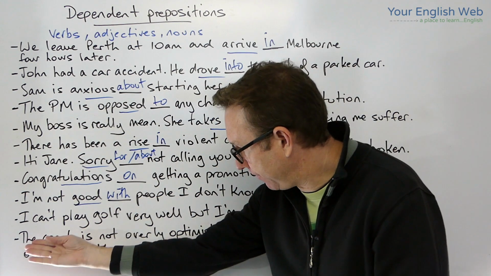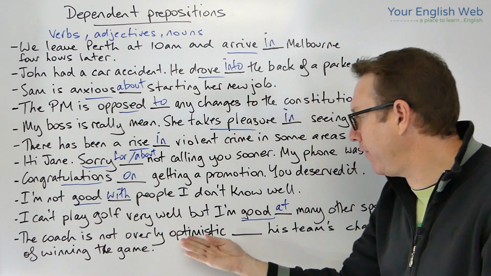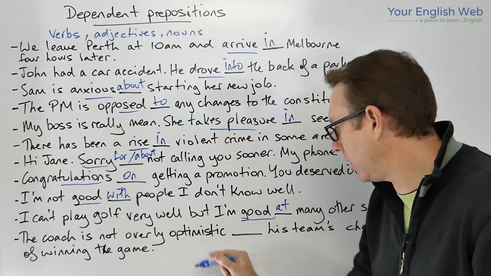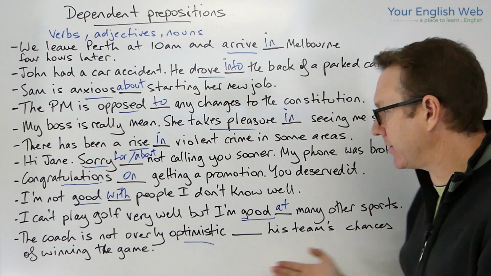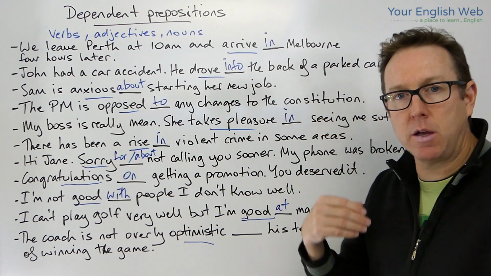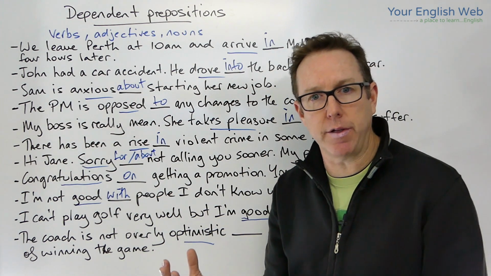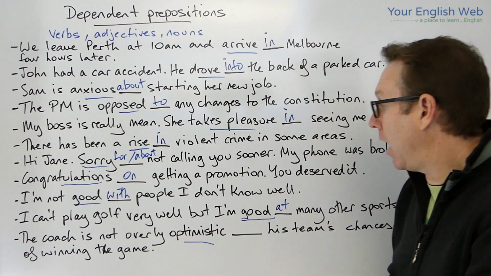And the final one, the coach. The coach is not overly optimistic his team's chances of winning the game. Optimistic, which preposition will be used here, do you think? The coach is not overly optimistic about.